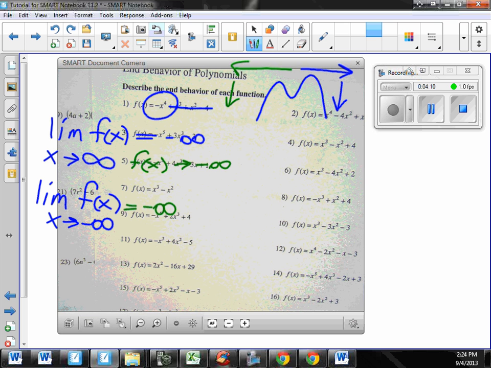But on the test, it needs to have the limit notation. Limit of f of x as x approaches negative infinity is negative infinity. So as x moves to the left, my y value goes down. So as x moves left, the y value moves down.